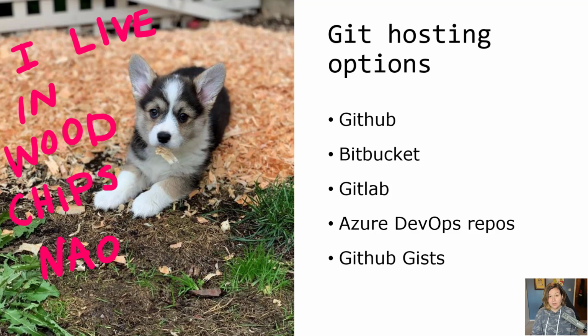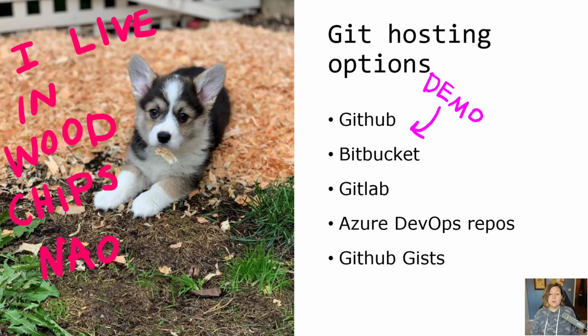A lot of people do use a hosted solution. Either they use a cloud provider that hosts Git, or they use a tool that may automatically help manage the repos for them. Here we have a lot of the popular implementations of hosted Git that you can use.